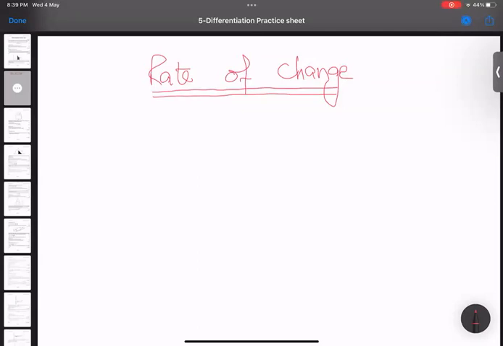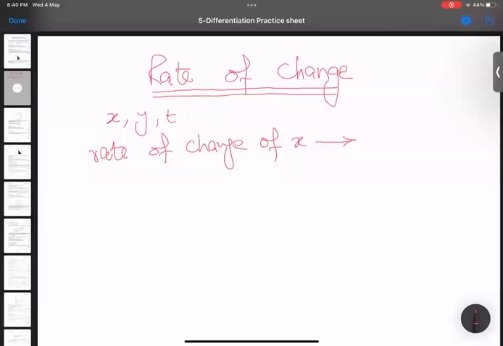Let's say we have a situation with three variables involved: x, y, and t. Make sure of one thing: whenever it says rate of change of x, how do we write it? Differentiation is also called rate of change.